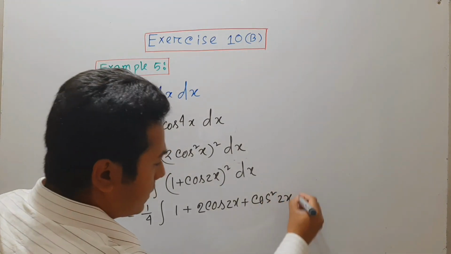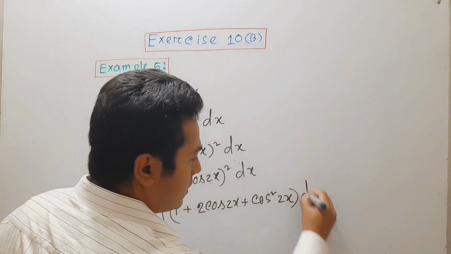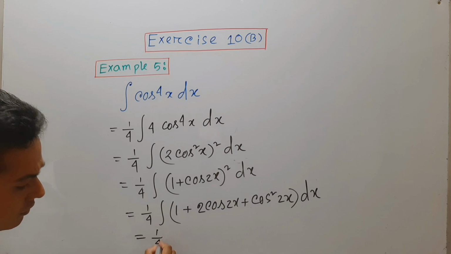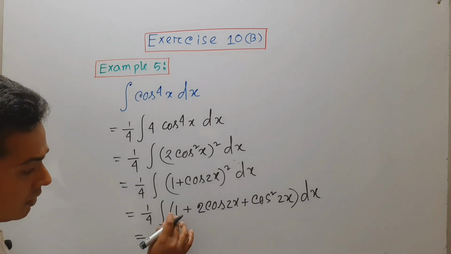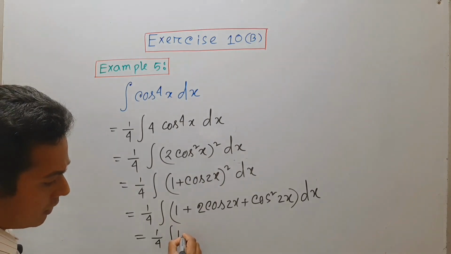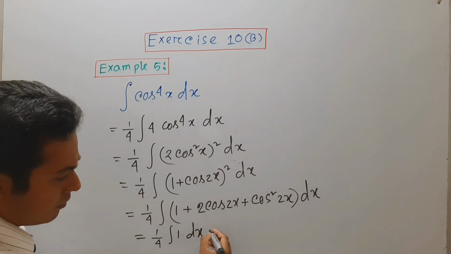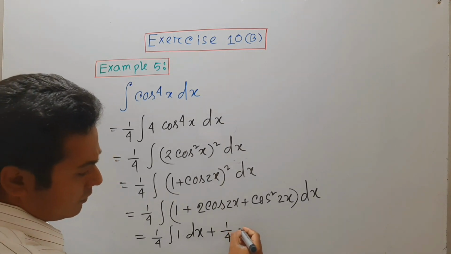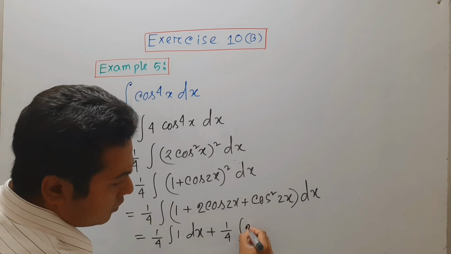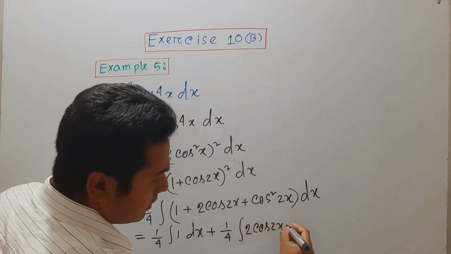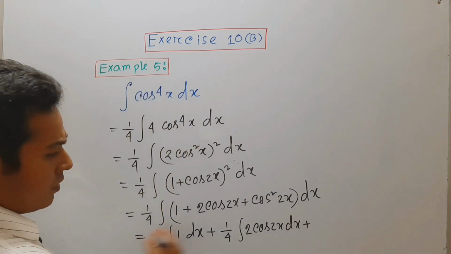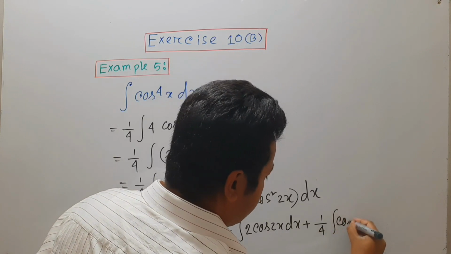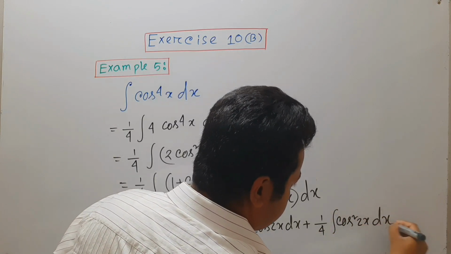Is equal to cos square 2x dx. Now we can write 1 by 4 integration of 1 into dx plus 1 by 4 integration of 2 cos 2x dx plus 1 by 4 integration of cos square 2x dx.